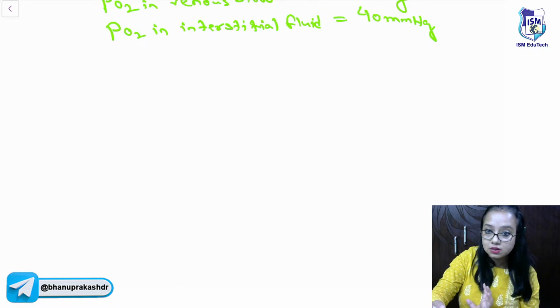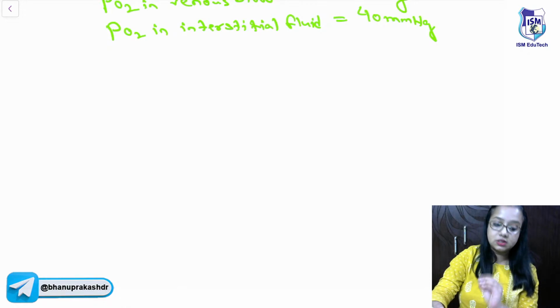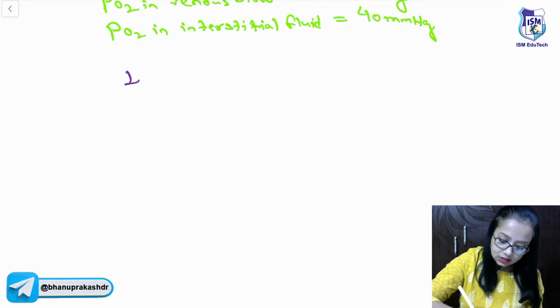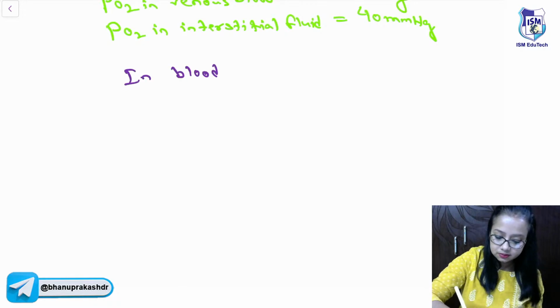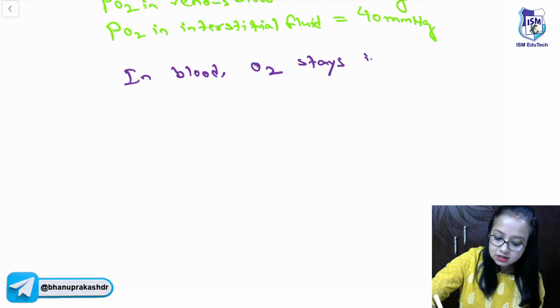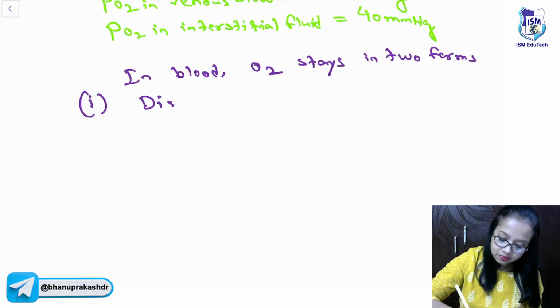Oxygen binds only to the blood. There is no other substance, structure, or medium in which the oxygen binds. Now in blood, how does the oxygen stay? Oxygen stays in two forms. First, it stays in dissolved form.